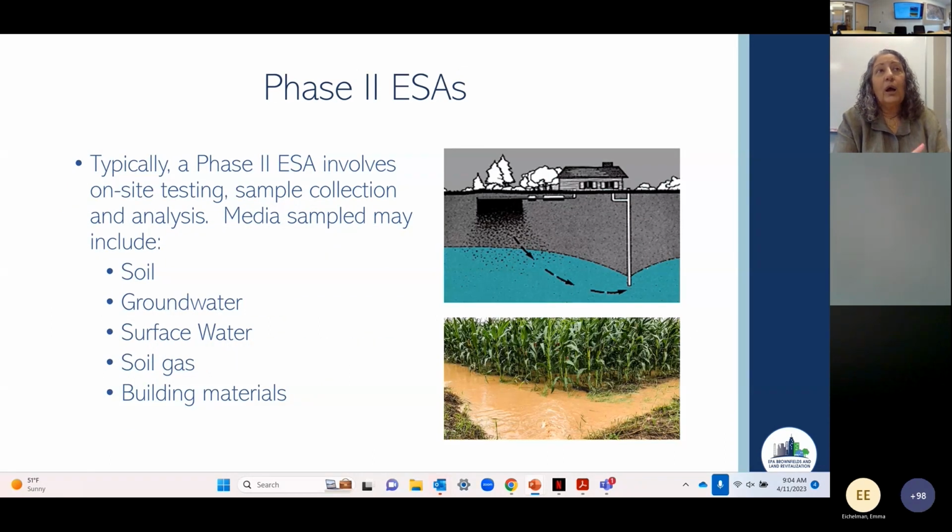Phase 2s, as I noted, and we won't talk a lot about this, are basically actual testing and data collection of environmental media based on the findings of the phase 1.